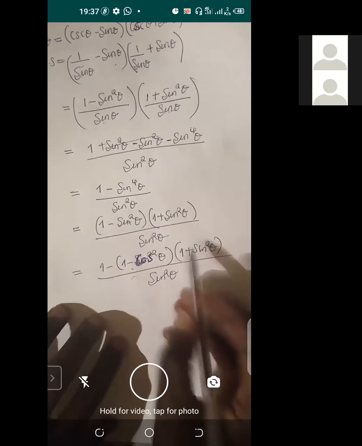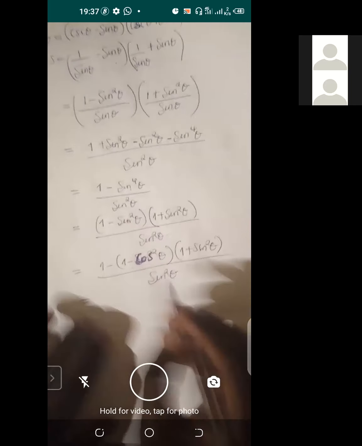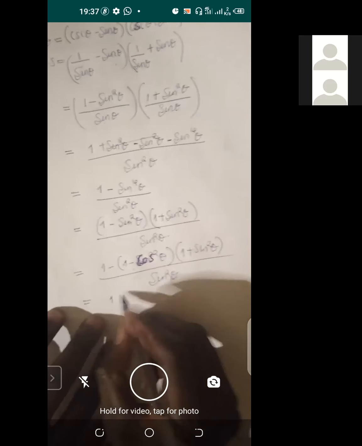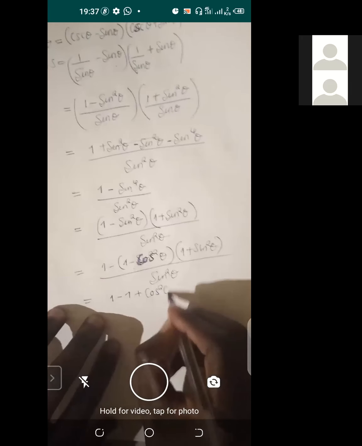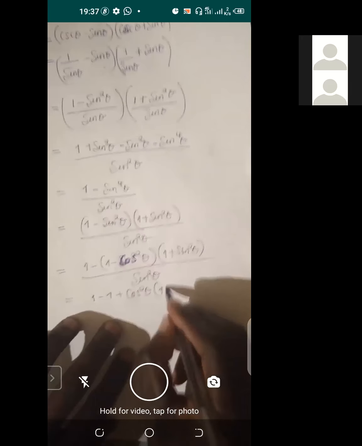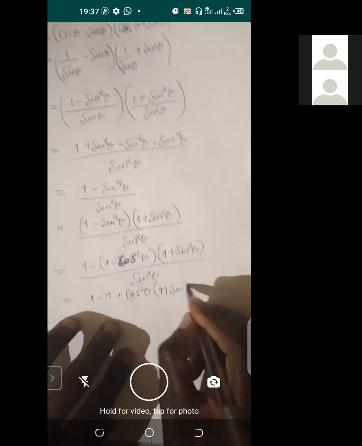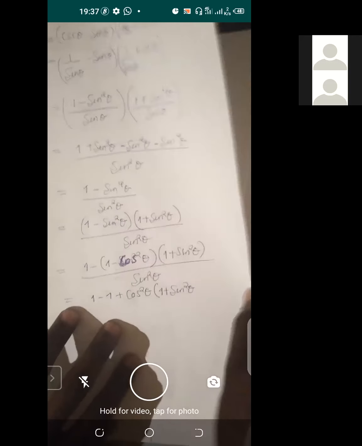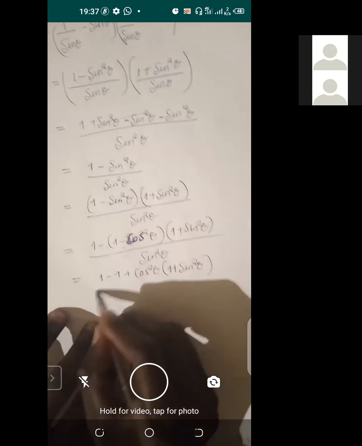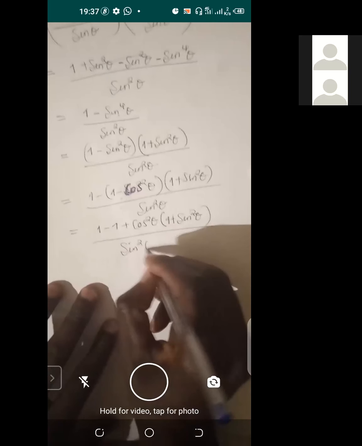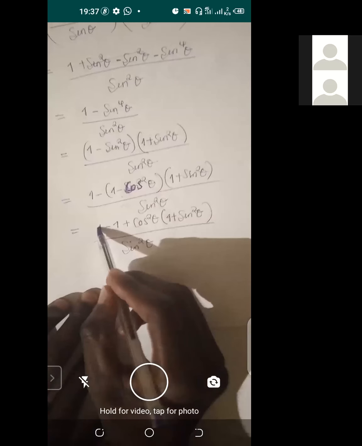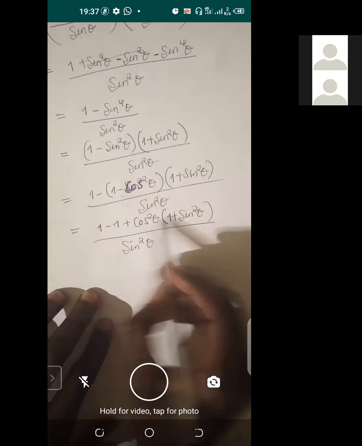I don't know why we had to go this way. Then this is equal to 1 minus 1, plus cos squared theta, multiplied by 1 plus sine squared theta over sine squared theta. So this 1 minus 1 is 0. You have cos squared theta multiplied by that.